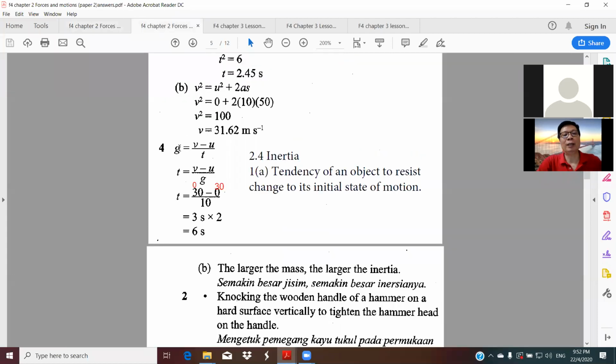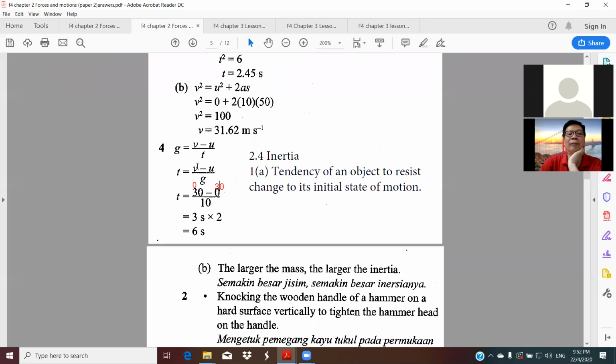First, use the formula A equals V minus U over T. A here is gravity, the gravitational acceleration. I follow this one, don't see the red color one. No, wrong already.